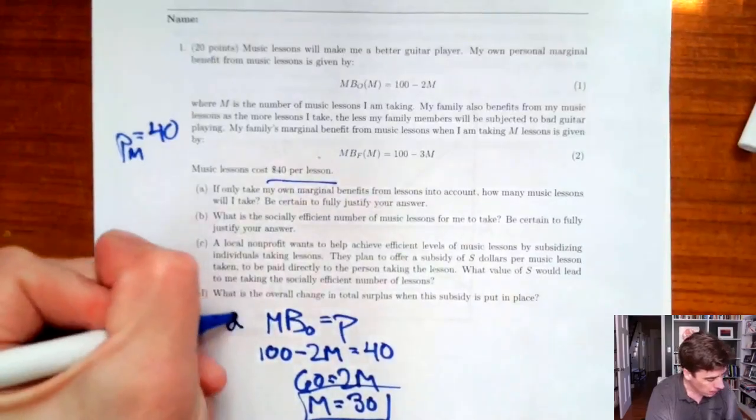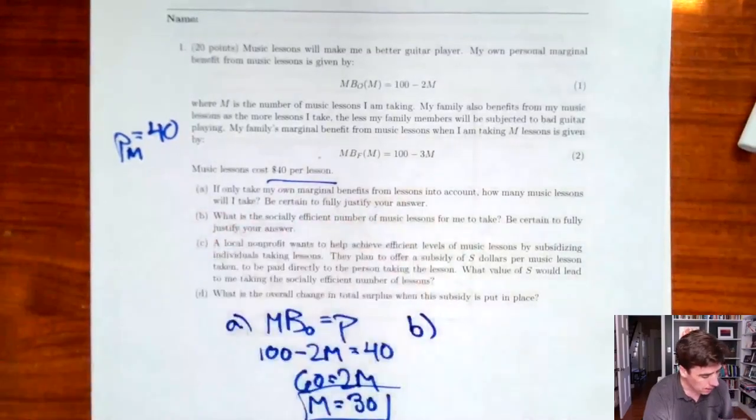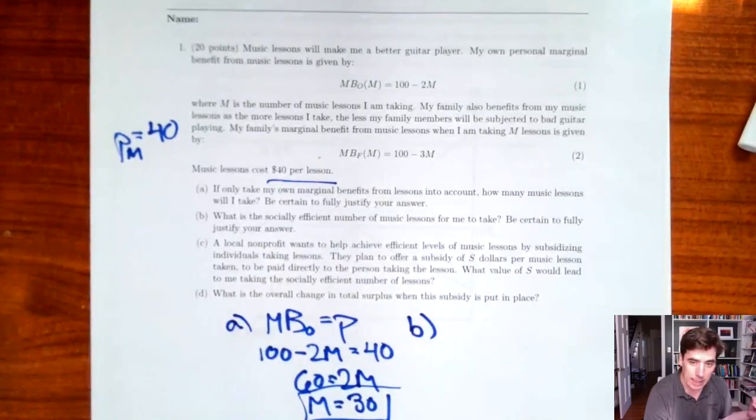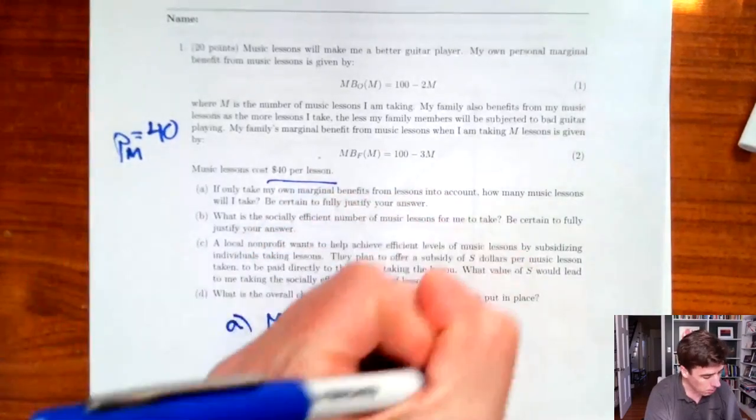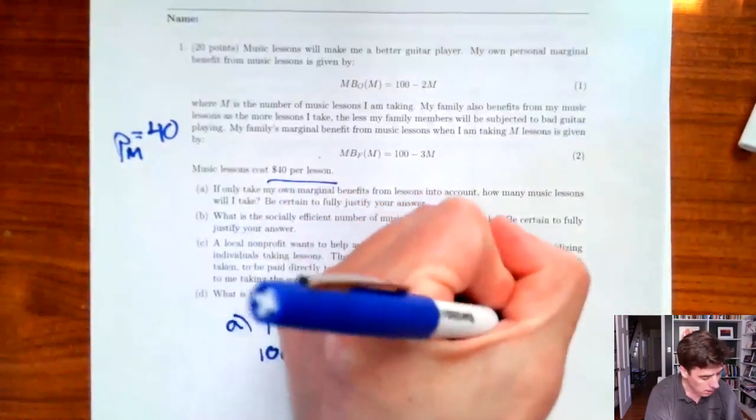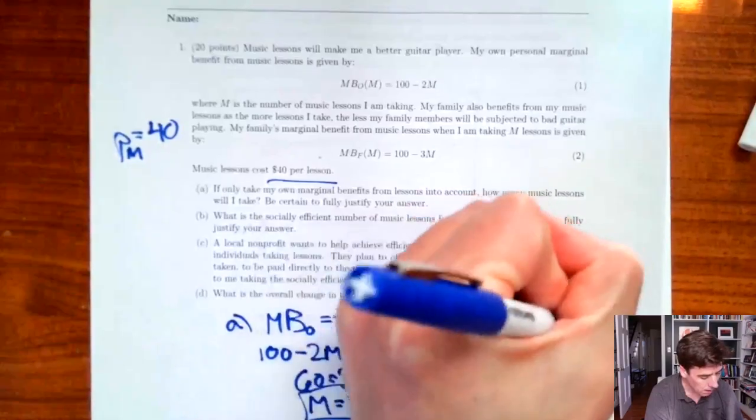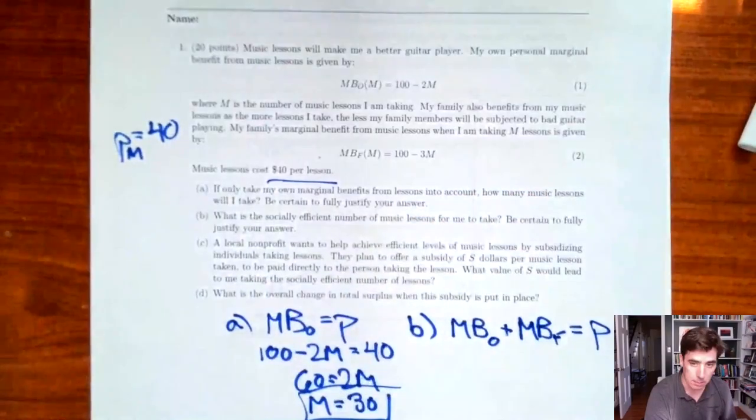For this part B, which I'll do right to the side here, we want the socially efficient outcome to be where any lesson whose overall marginal benefit exceeds price is produced. So I want to go up to the point where MBO plus MBF is just equal to the price of that lesson.